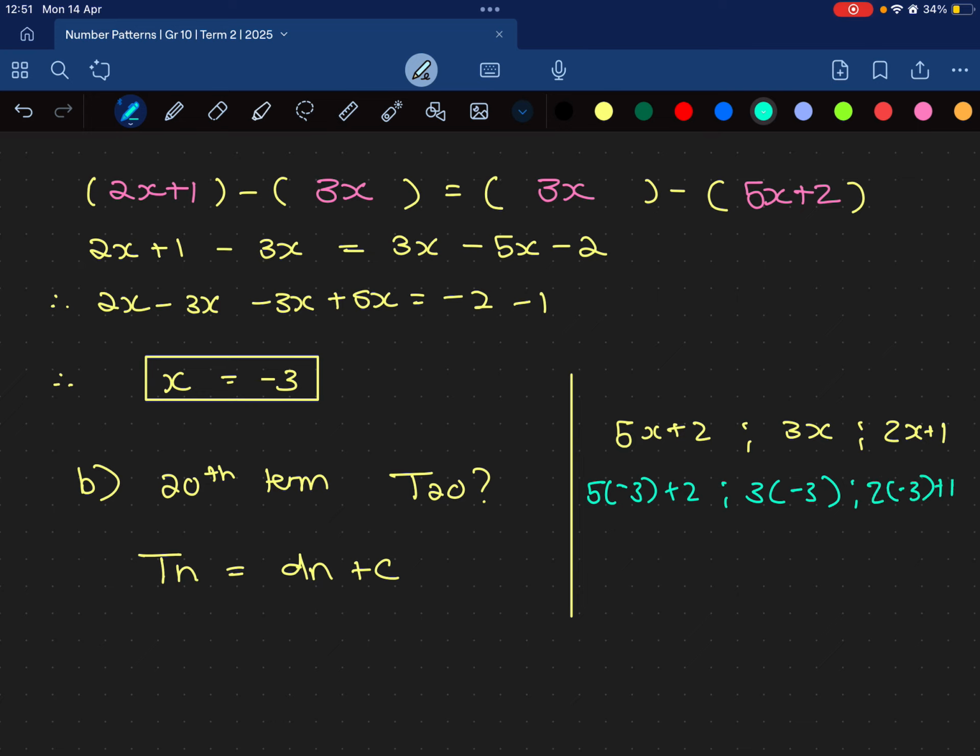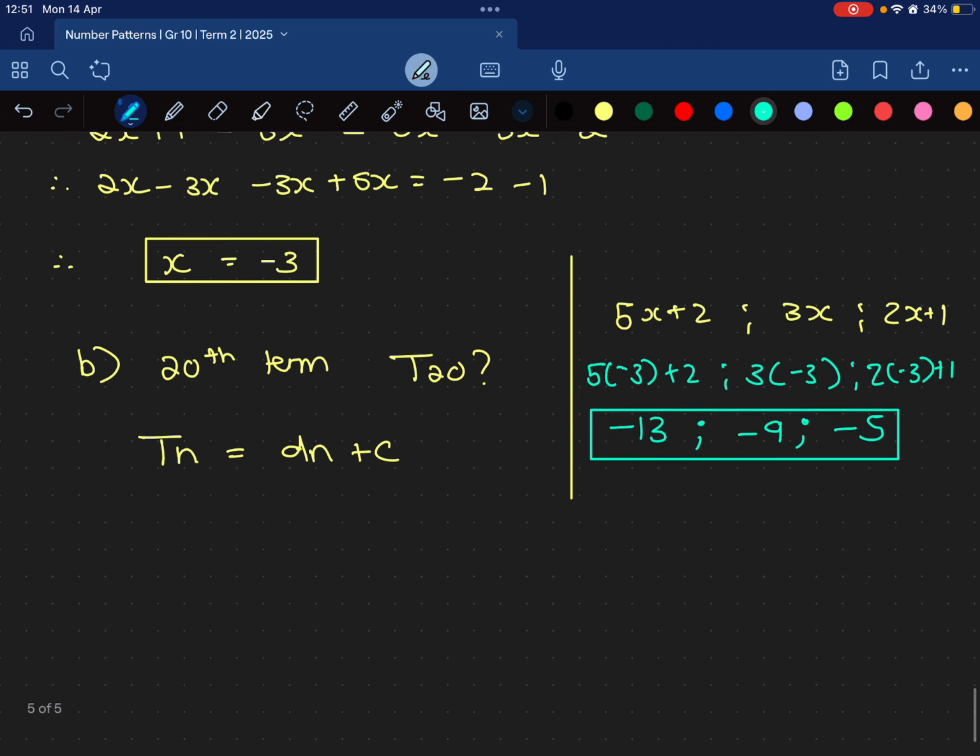So 5 times negative 3 is negative 15, plus 2, which is going to be negative 13. This one is going to be negative 9, and 2 times negative 3 plus 1 is going to be negative 5. So now I have the first three terms.